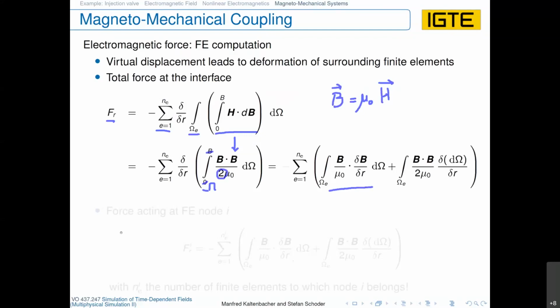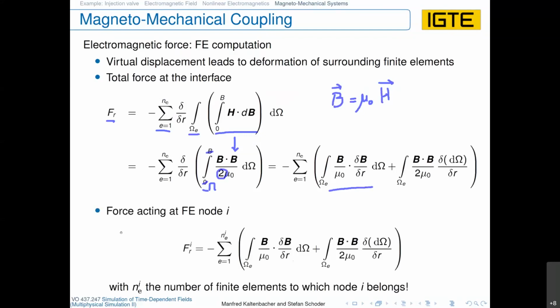Now, if we go to this finite element setting, then the force on each finite element node I, as shown here, is obtained by summing up all the finite elements which also have this node I included. If we have a node somewhere at the corner, then clearly more than one element belongs to it. If not, it's mostly just the two neighboring elements.